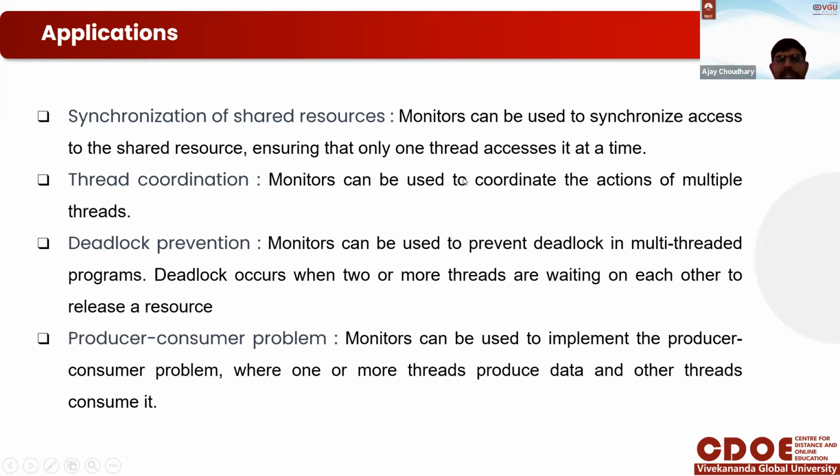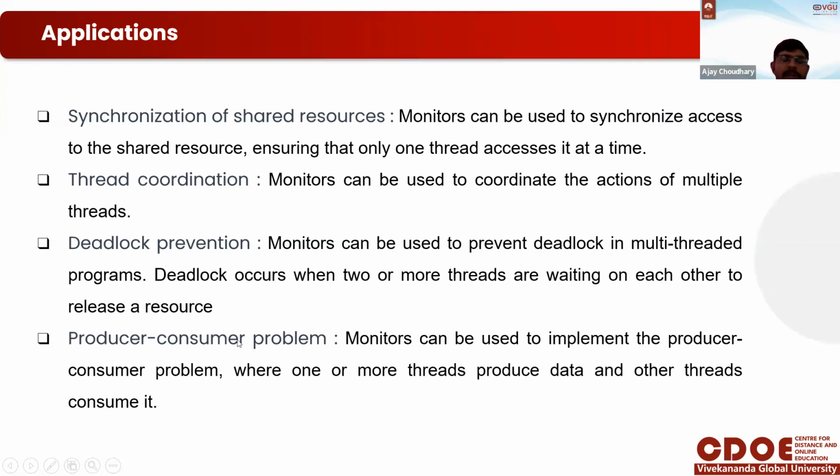Okay, only one thread can access a resource. They ensure thread coordination. Monitors can be used to coordinate the actions of multiple threads. Deadlock prevention: monitors can be used to prevent deadlock in multi-threaded programs. Deadlock occurs when two or more threads are waiting on each other to release resources.